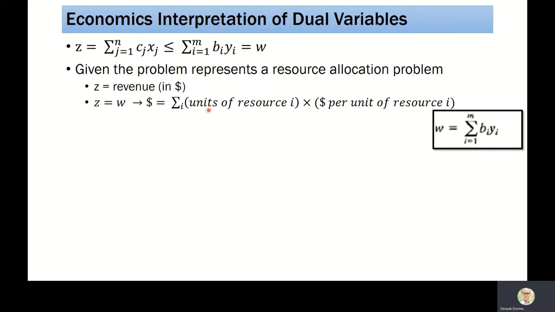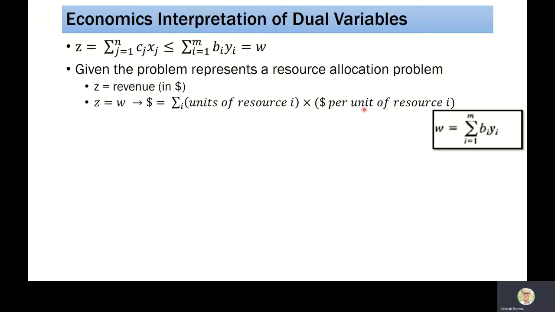We know that bi is the unit of the resources, basically the right hand side of the constraint. And the summation of the multiplication of these two factors should give me dollars. So this means that yi should represent dollars per unit of resource i. So this is the total units of resource i multiplied by the dollars per unit of resource i.